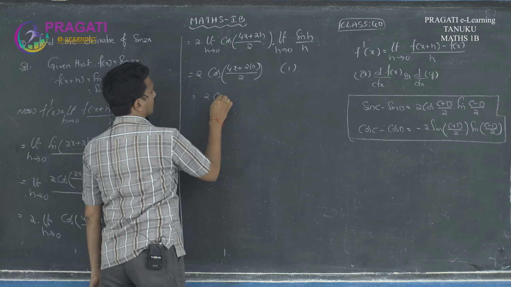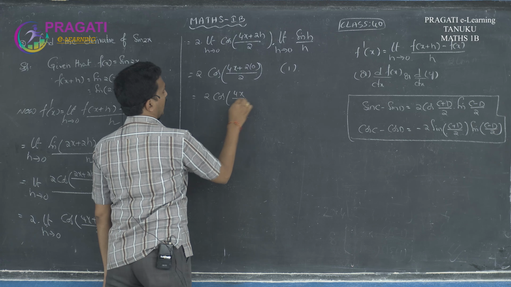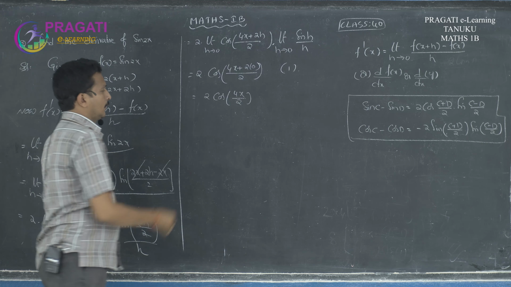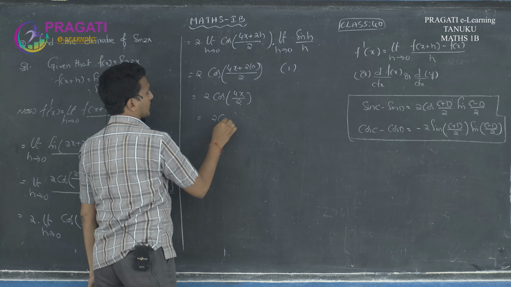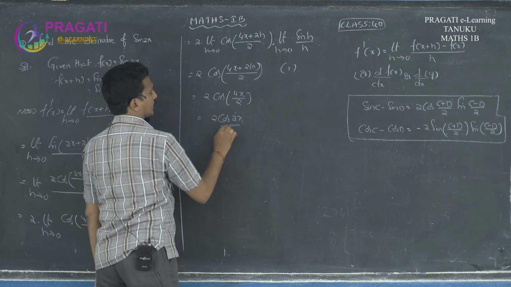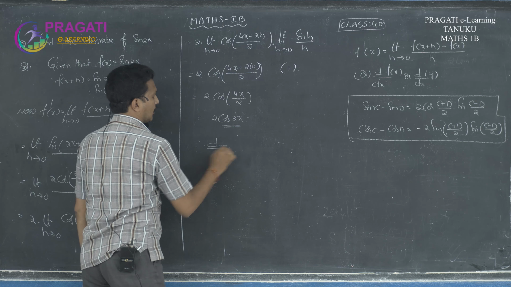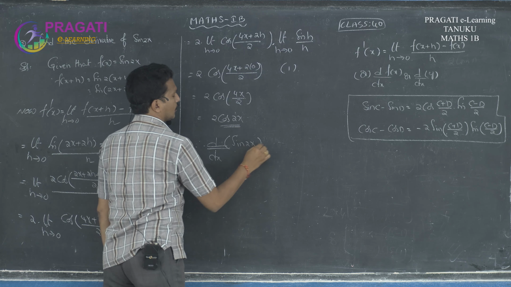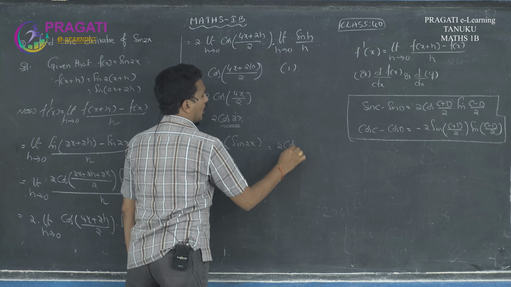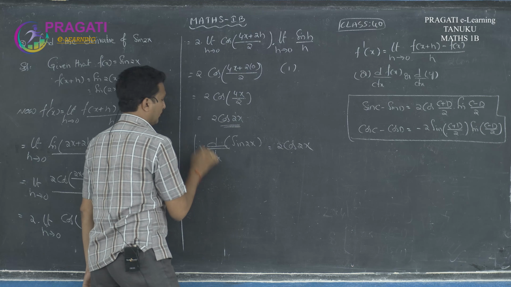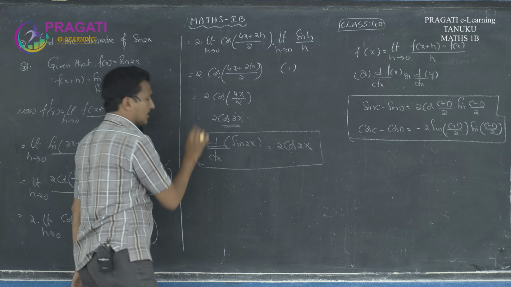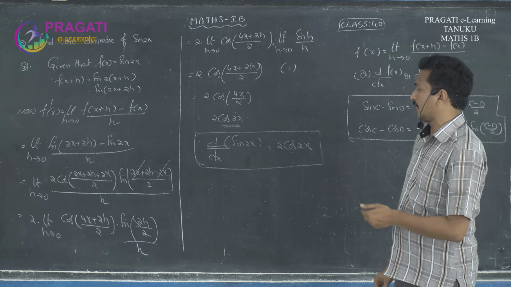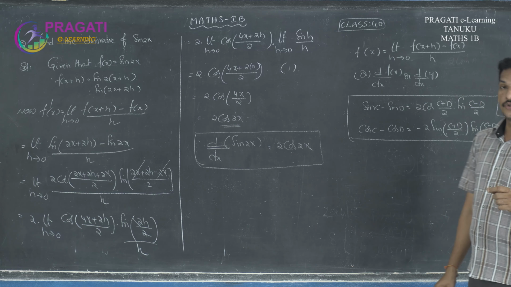So 2 cos of 4x by 2, since 2 into 0 is 0 and 4x plus 0 is 4x, gives 2 cos 2x. Therefore, finally the conclusion is d by dx of sin 2x is equal to 2 cos 2x. In the previous problem, d by dx of sin x is equal to cos x; in this problem, d by dx of sin 2x is equal to 2 cos 2x.